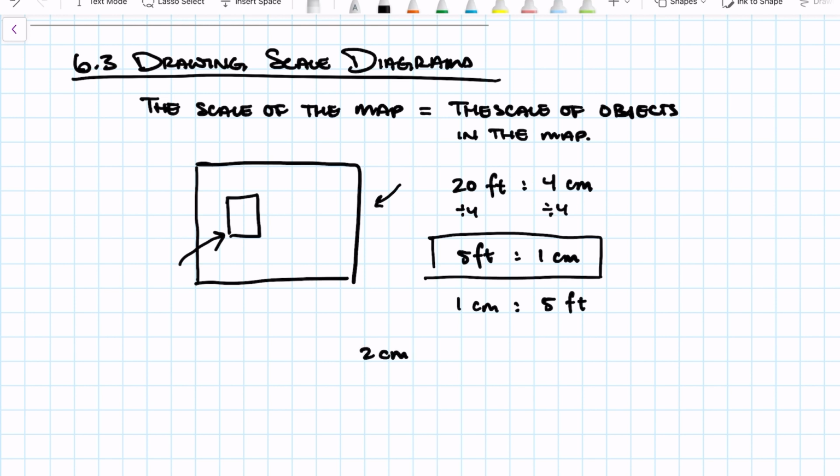Now there's a few approaches here. This is just like using ratios, like what we've learned in the past already. In this case, I know that it's 2 centimeters in the drawing, and compared to real life, the drawing is also going to be 1 centimeter. So this is the scale in the drawing, and this is the scale in real life.